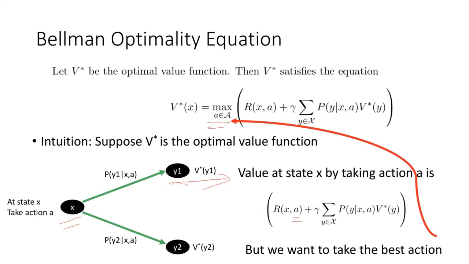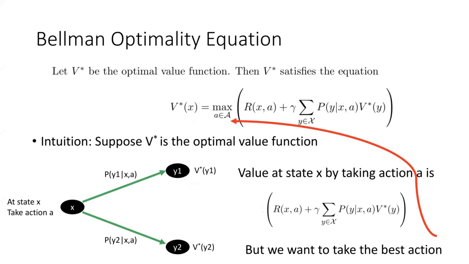But the optimal value in the state X is V star of X. So whatever you have on the right hand side, when you take the max with respect to A, that should give you the optimal value corresponding to the state X. So that is the intuition for this Bellman optimality equation.